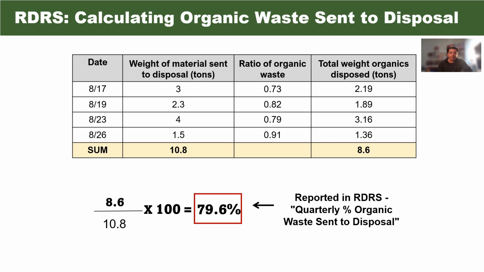And we divide that by the total weight of material that was sent off-site for disposal, which is 10.8. So by dividing 8.6 into 10.8 and multiplying that by 100, we get a percentage of 79.6. So this is our quarterly percentage of organics that were disposed for this specific 10-day operating period. And this is what the operator would report through RDRS for that reporting period.